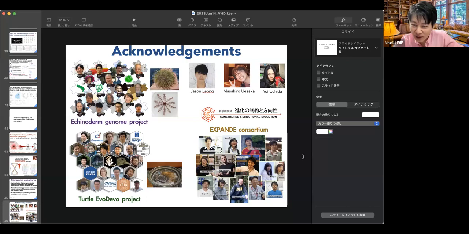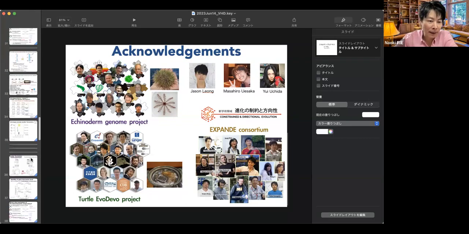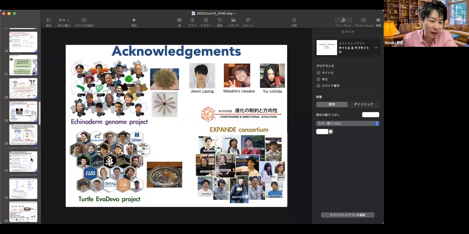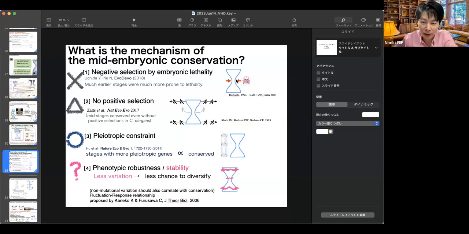So for Nika's question, why do you think certain stages of development are much more selective than others? Our first assumption was that the meta-embryonic stage is more selective or being selected by negative selection, but it was not.